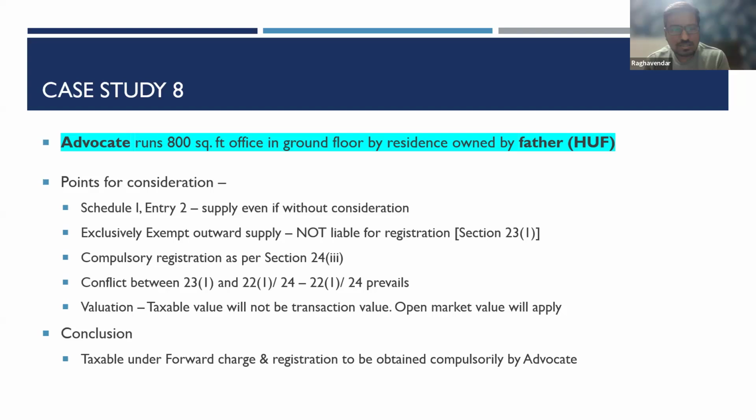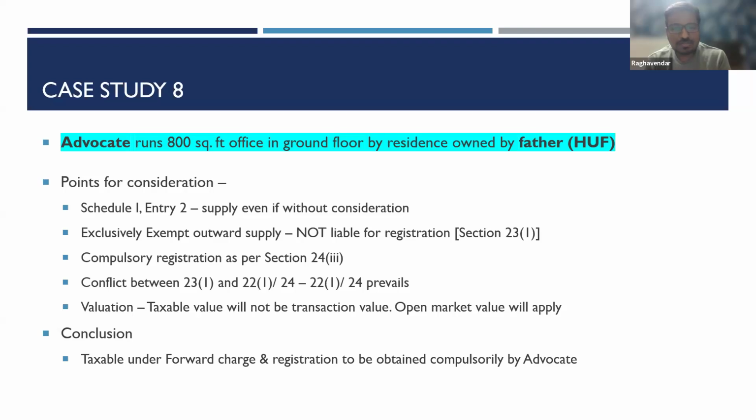Outward supply, since it is exclusively exempt outward supply, the variant of what we saw earlier, he will not be liable for registration, but now it is not under 23.2, it is under 23.1. And compulsory registration as per 24, since RCM is applicable, 24 clause 3 compulsory registration is applicable.